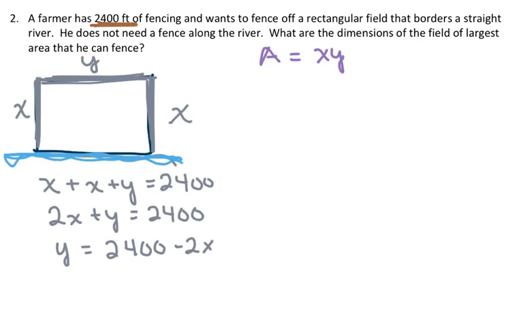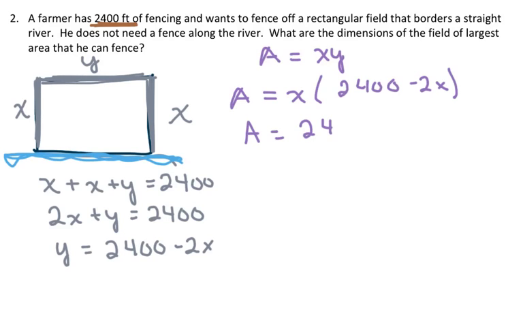This is important because that gives you an expression for Y so that you can rewrite your area. So A is going to now equal X times Y, which you now know is 2,400 minus 2X. We'll distribute, so that would be 2,400 times X minus 2X squared.